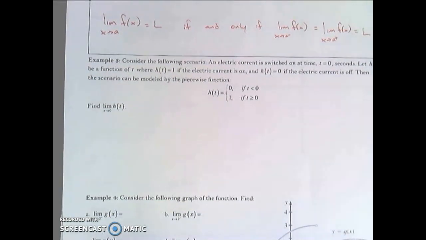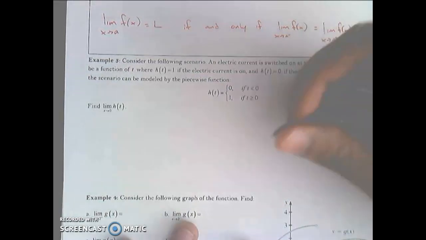So let's take a look at example 3. Here we have an electric current that is switched on at time 0, and the function is 1 if the electric current is on, and 0 if the electric current is off. They give us the piecewise function, and we want to find the limit as t approaches 0.